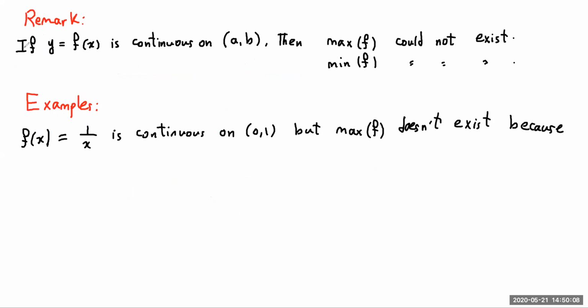So let's take this remark. If the function y equals f(x) is continuous on the open interval (a, b), then the maximum maybe doesn't exist, and also the minimum.